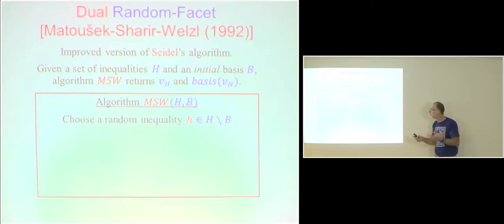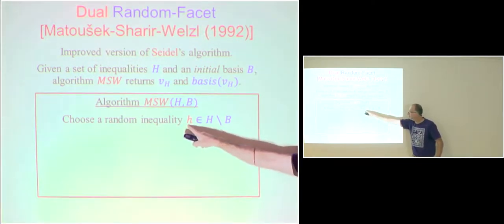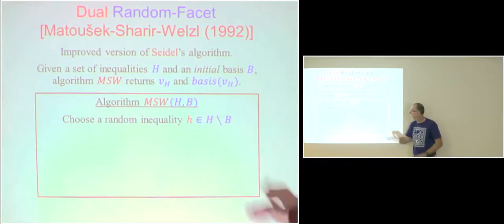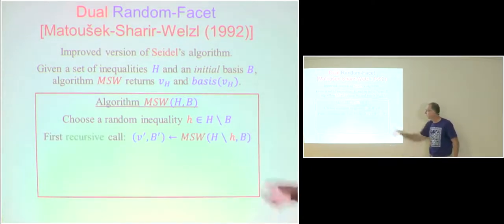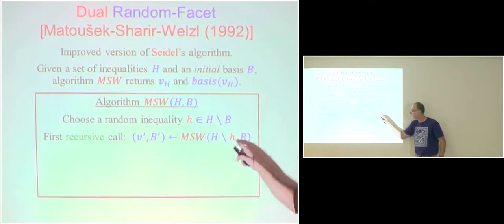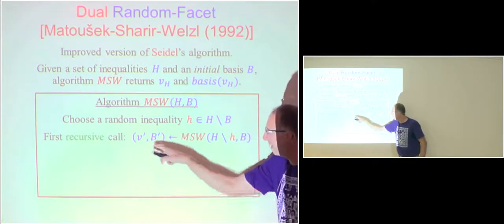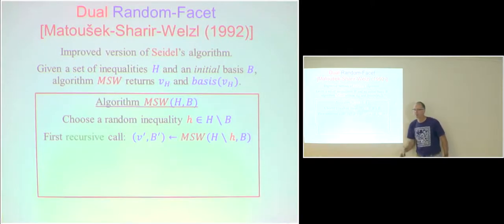So we don't want to remove an inequality from the basis. We choose a random inequality h not in the basis, and we remove it. So we do a recursive call on H minus h, now using the same basis that we have. As a result, we get a pair: an optimal solution and the basis for this subproblem.